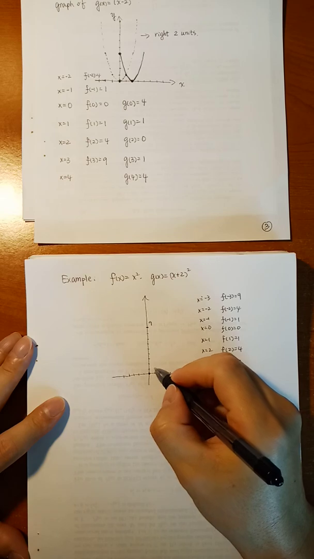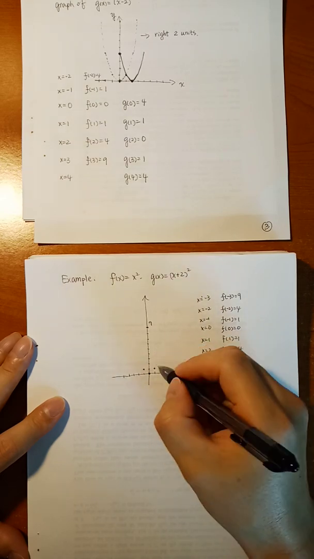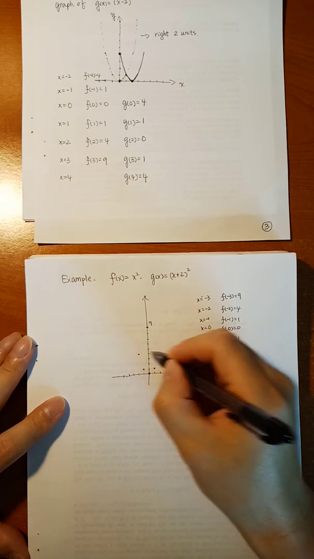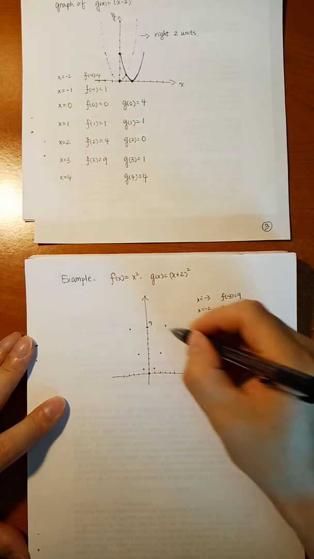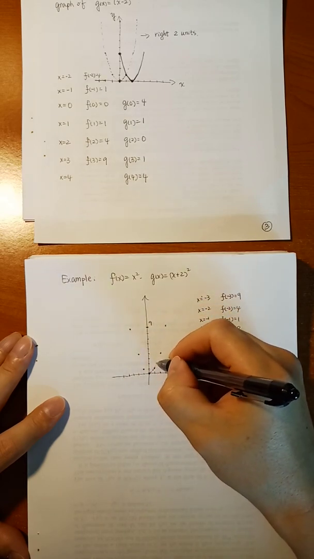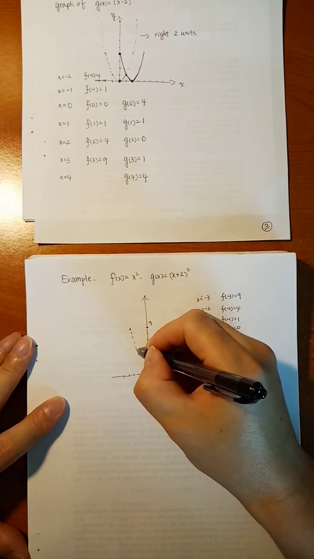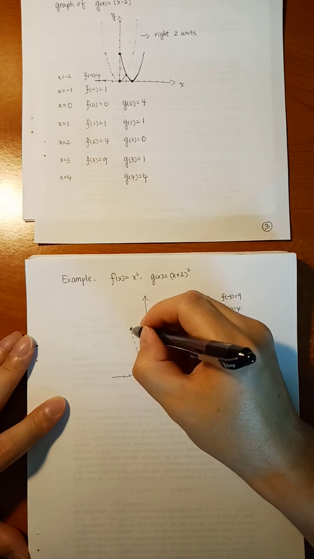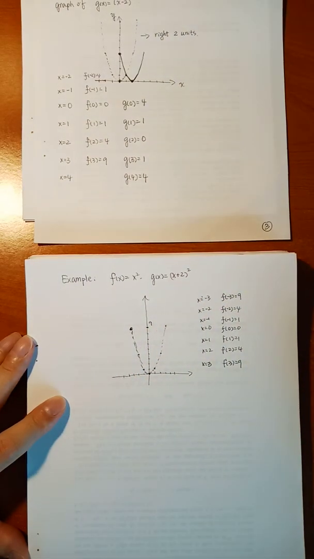So this is 0, 0, 1, 1, negative 1, 1, 2, 4, negative 2, 4, 3, 9, negative 3, 9. So we use a dotted line to demonstrate the graph of f.